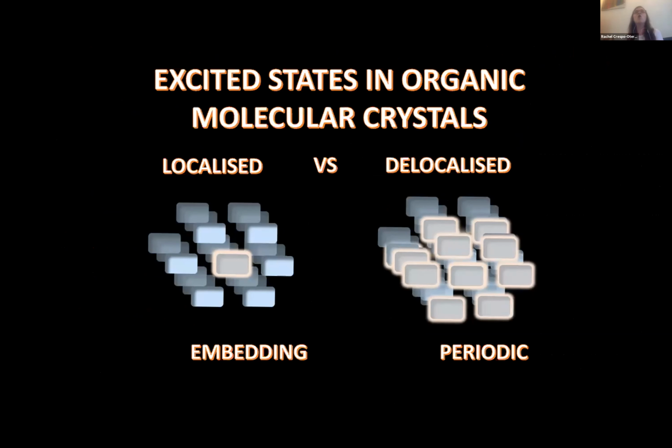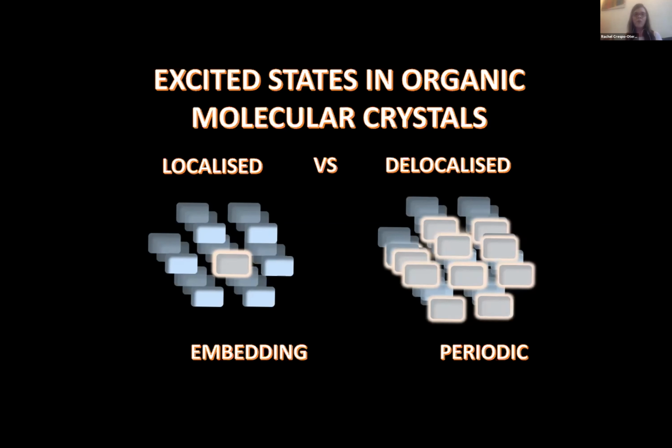There are many challenges related to the computational description of excited states in organic crystals. First, we need to take into account that you will always have a competition between the localization of the excitation and the electron transport, which is related to the localized nature of the excited states as well.